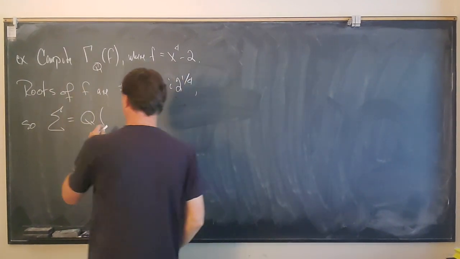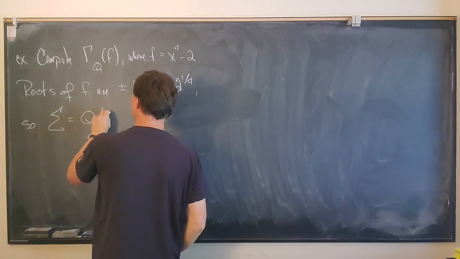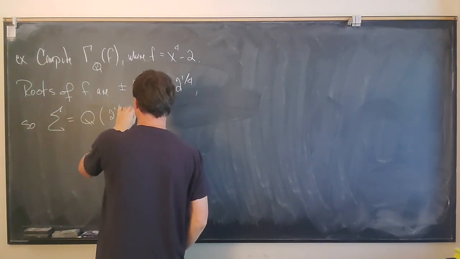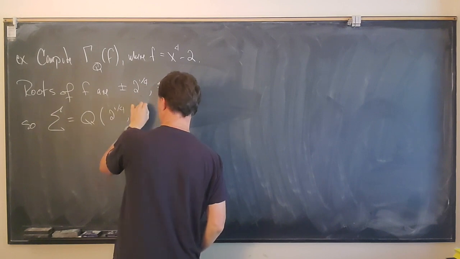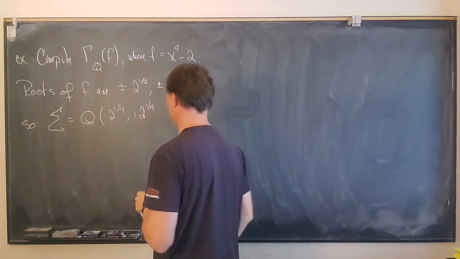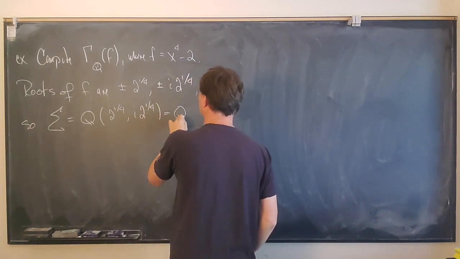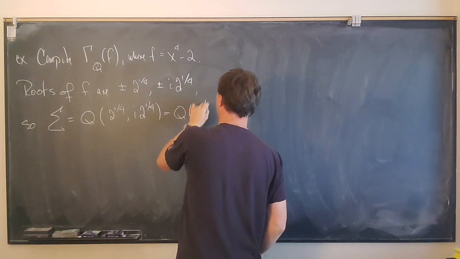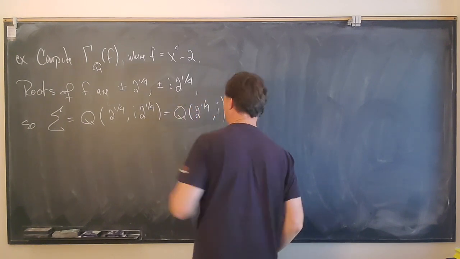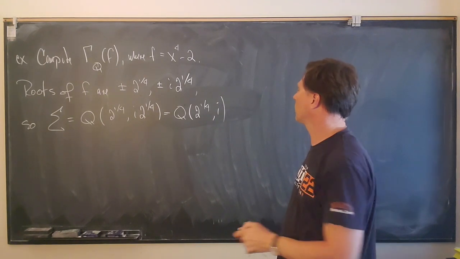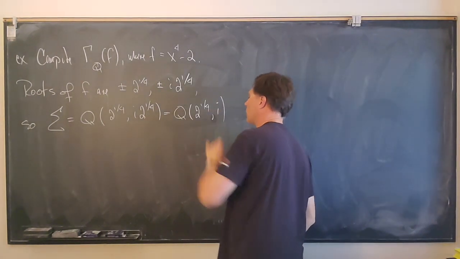So it is Q adjoin 2 to the 1/4 comma i times 2 to the 1/4, which is equal to Q adjoin 2 to the 1/4 comma i.